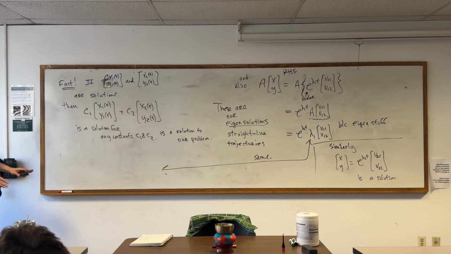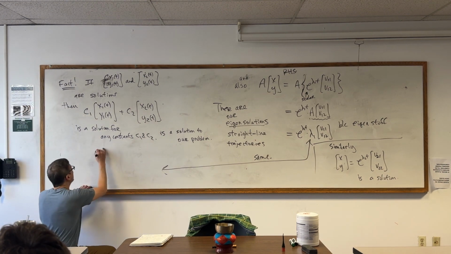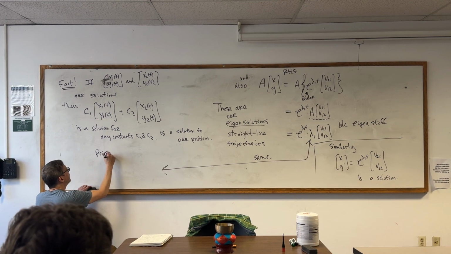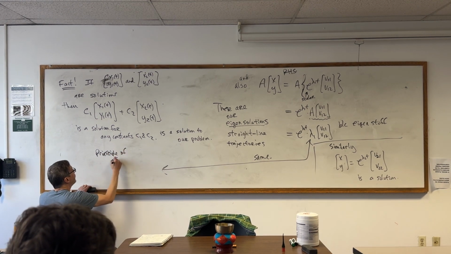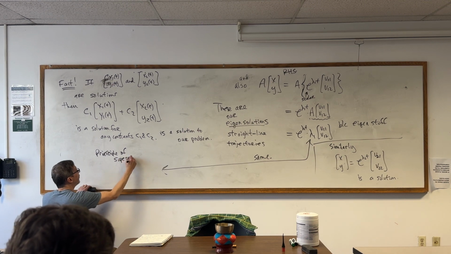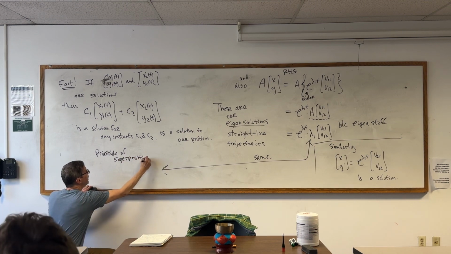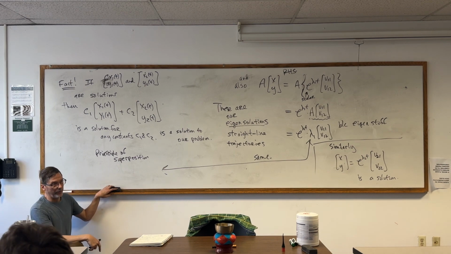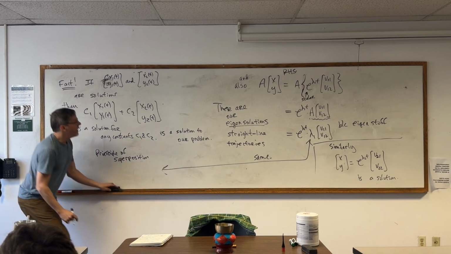This is called the principle of superposition. If you've ever heard that, that's what this is. Principle of superposition, which just sounds really cool, but it just means linear combinations of solutions are solutions again.